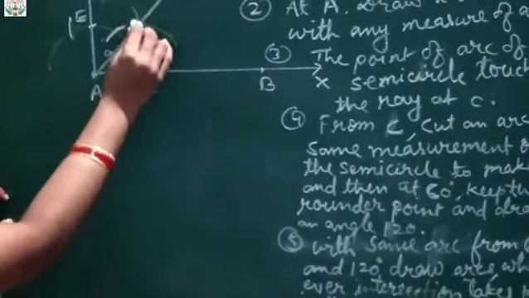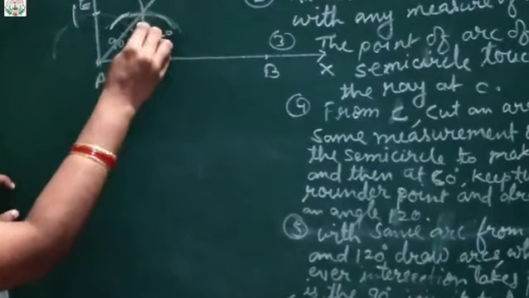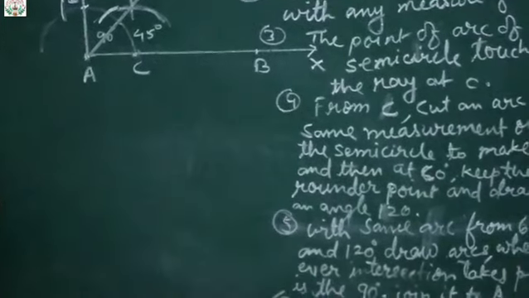So from C an arc like this, and from E an arc like this. Wherever the intersection takes place, that is our 45 degree, the required angle.